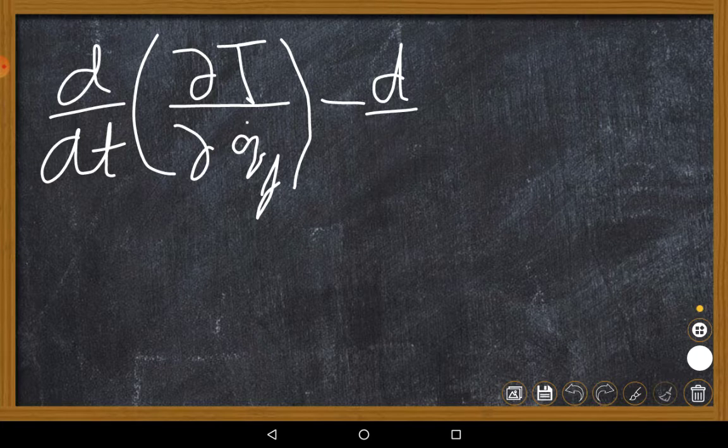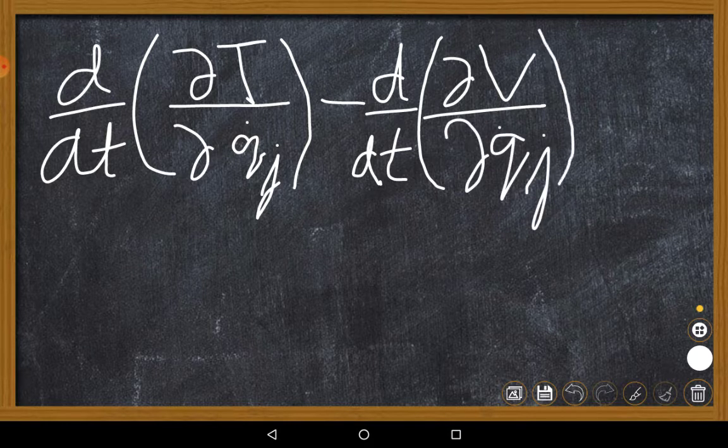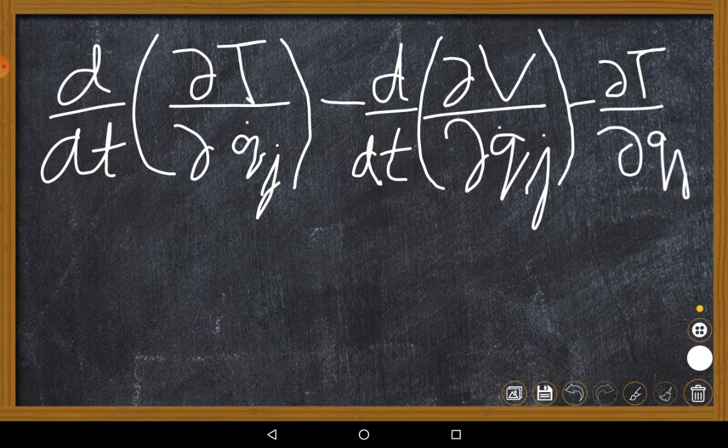Minus d by dt of the partial of the potential of the system by the partial of q j dot, the first order derivative of the generalized coordinate, minus the partial of T with respect to the partial of q j. This is very simple, you will get this result only if you do it yourself.